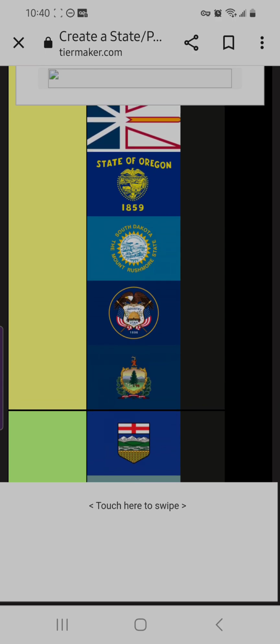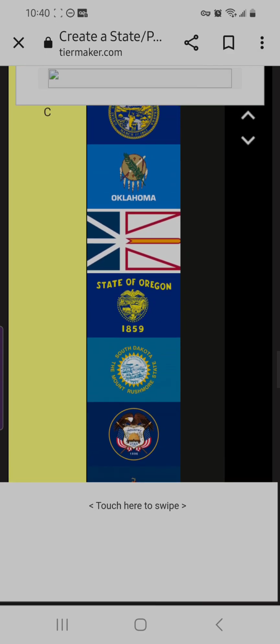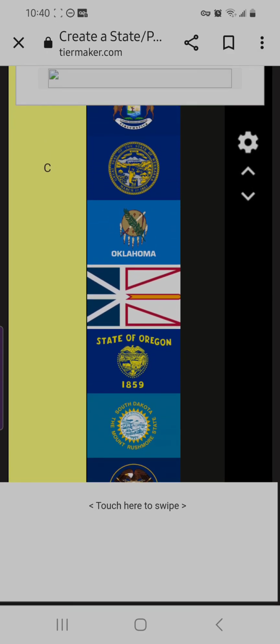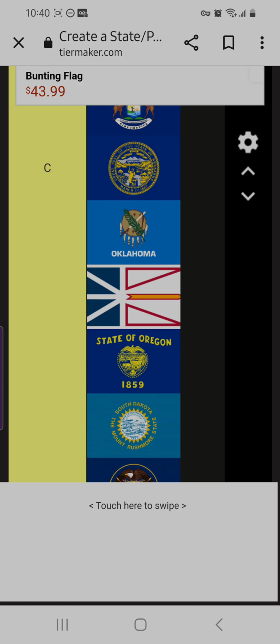C tier. Vermont, Utah, South Dakota, Oregon, and Newfoundland and Labrador. I don't know if that was correct.